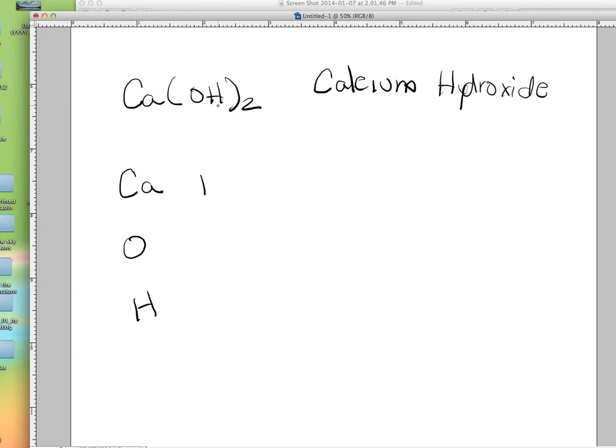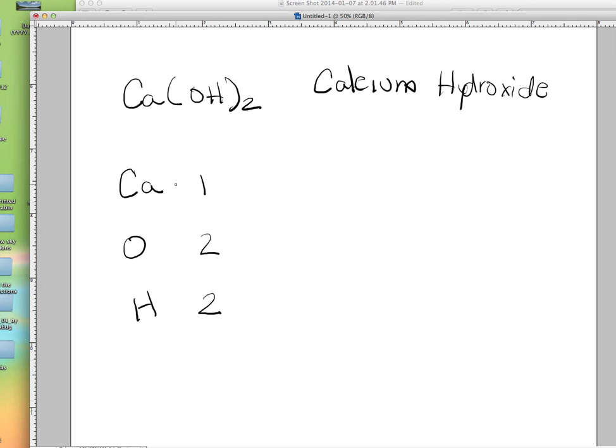Now, oxygen and hydrogen are inside these parentheses. And there's a 2 outside those parentheses, which will distribute to everything that's in the parentheses. So this oxygen, there's actually 2 of them. And this hydrogen, there's 2 of them, because there's 2 OHs. So we're going to put a 2 here, and we're going to put a 2 here.